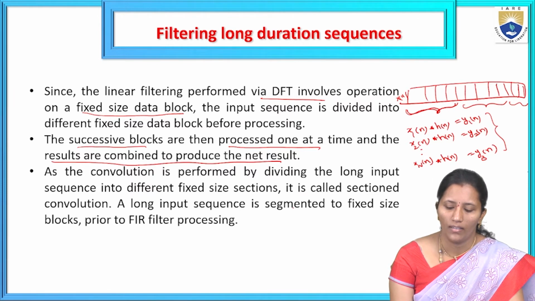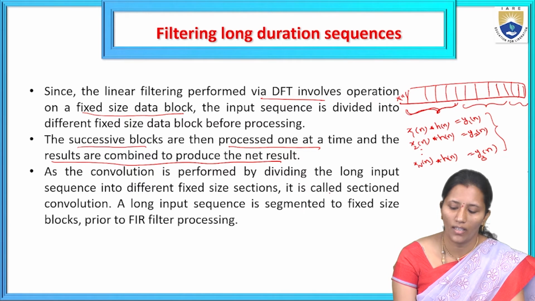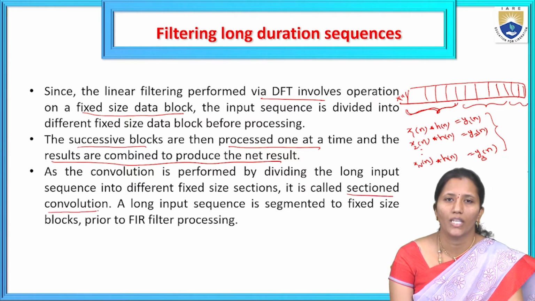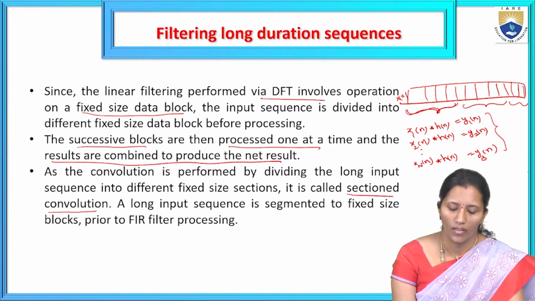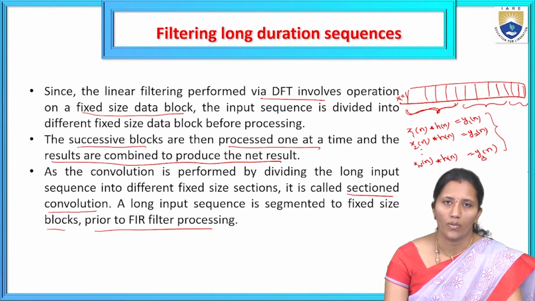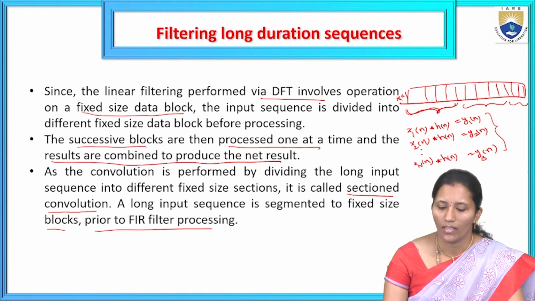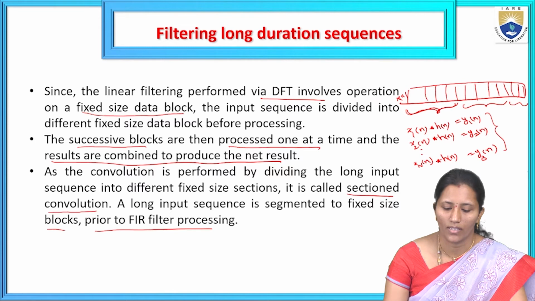That's why it is called section convolution. Filtering long duration sequences is also called section convolution. A long input sequence is segmented into fixed size blocks prior to the FIR filtering process. This is the procedure for filtering long duration sequences.